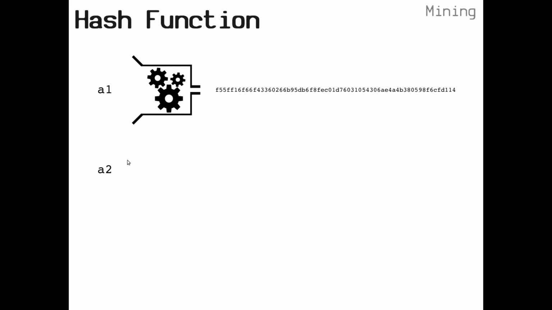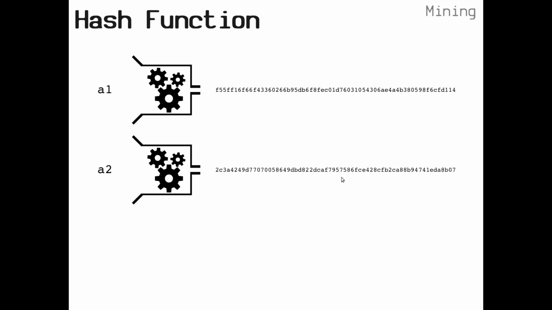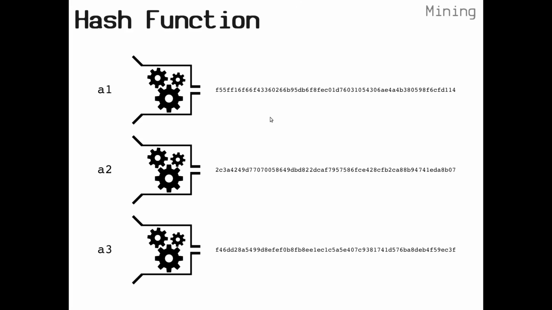So if you were to make a tiny adjustment to the data you're putting into the hash function, so from here just going from A1 to A2, just a tiny adjustment, put that in, the result would be completely different. So we've only made a tiny adjustment, but the result of the hash function is wildly different. And again, put A3 into it, tiny adjustment again, but the result is completely different again.